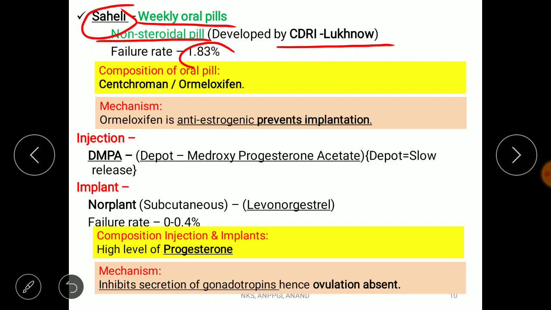Failure rate is 1.83%. Composition is centchroman, ormeloxifene. Mechanism is that the ormeloxifene is anti-estrogenic and prevents the implantation.